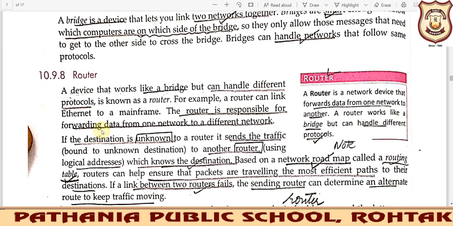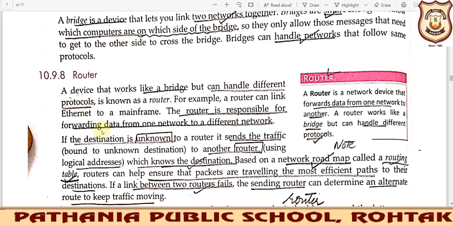A router is just like a bridge, but it can handle different protocols. What are protocols? Protocols are sets of rules, like the TCP/IP protocol we read about in the previous lecture. TCP/IP basically helps us break down the data. We have read the complete packet switching technique.